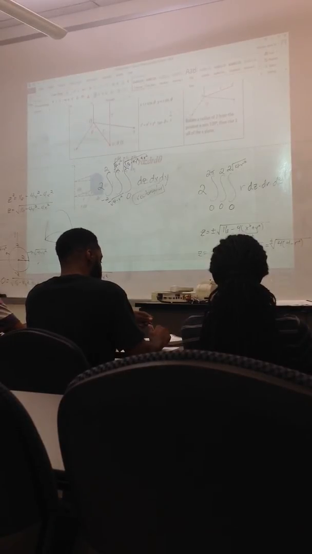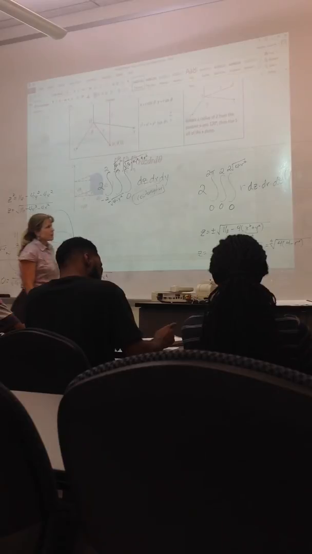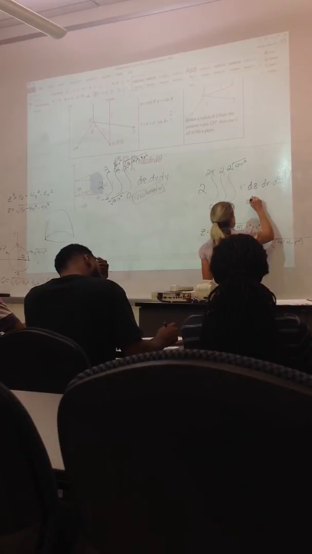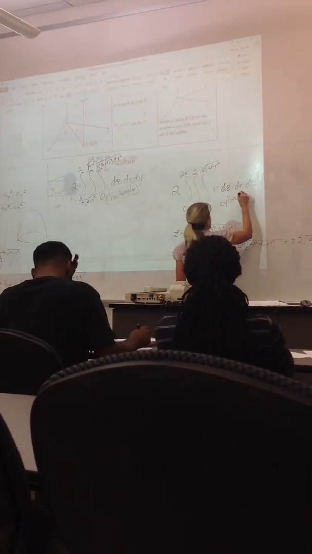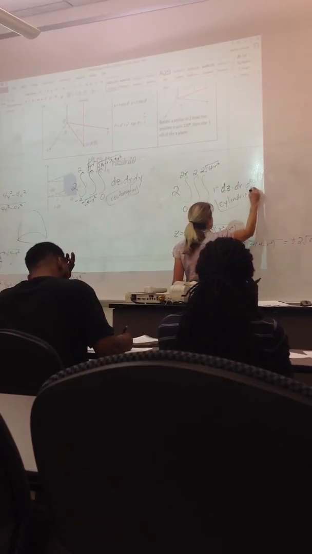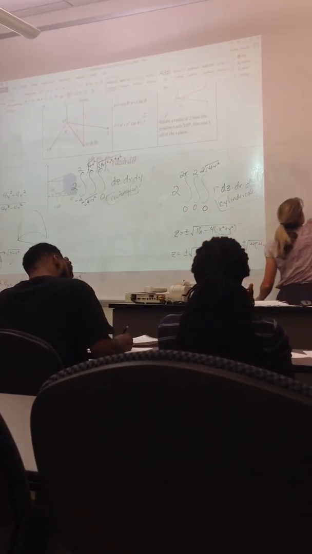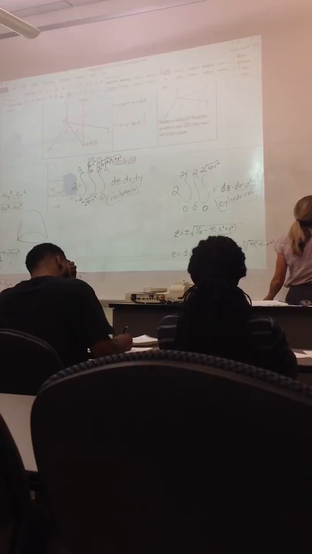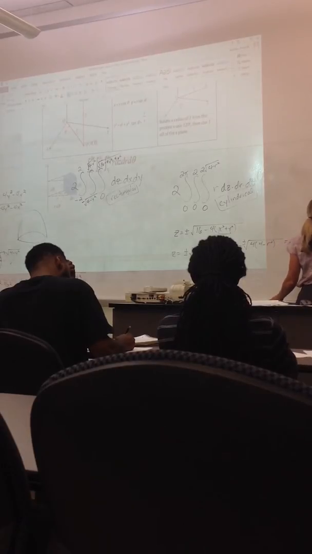Okay, now spherical. If we're going to set it up with spherical, so this was cylindrical, and spherical, our packets of volume are given by rho squared sine phi d rho d phi d theta.